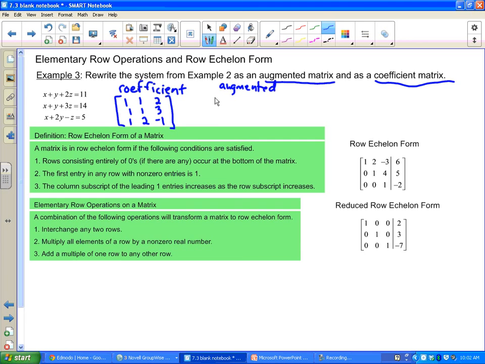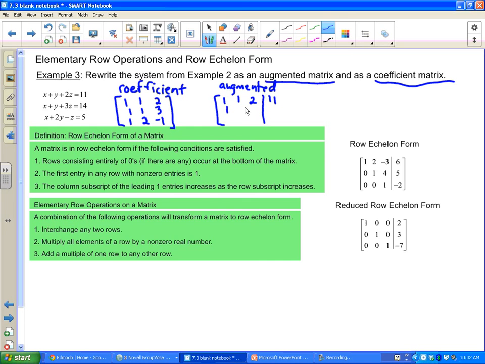Okay, the augmented matrix takes all of the numbers we have. So we don't just have the coefficients 1, 1, 2, but we also put what that equals. I personally like to draw a line right here, and a lot of teachers do, but your book doesn't, to show that that's where the equal sign is.